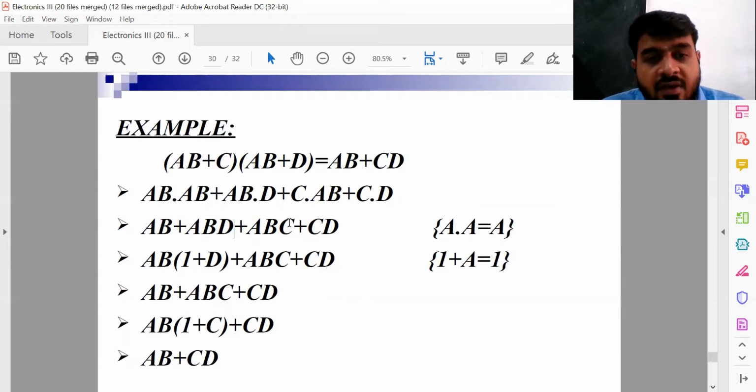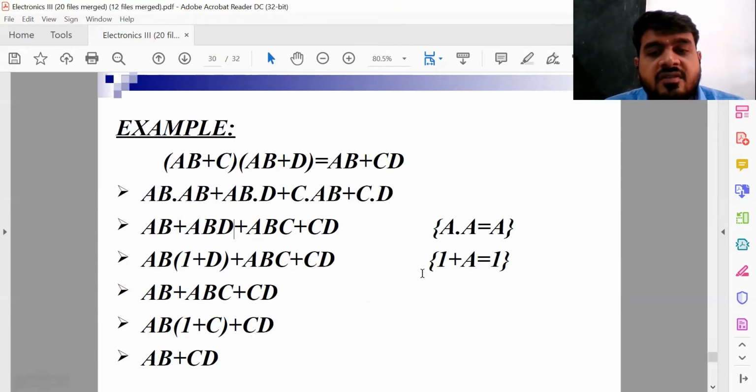Here, I have given the example 1 plus A is equal to 1. Similarly, 1 plus D will remain 1. So this will become AB plus ABC plus CD. Correct? Here again, I'll take AB out, so it will become 1 plus C, and CD will remain.